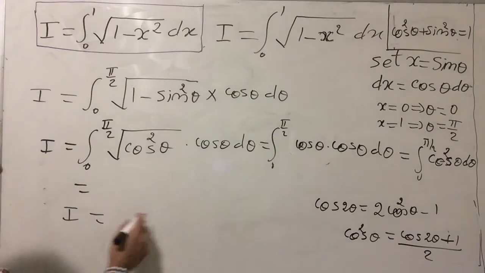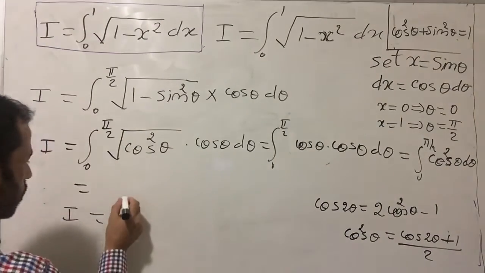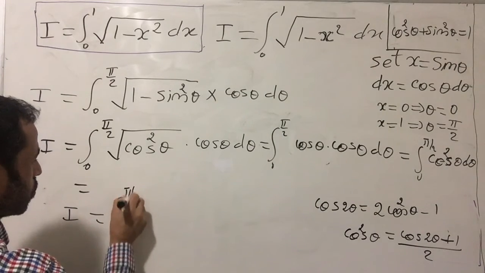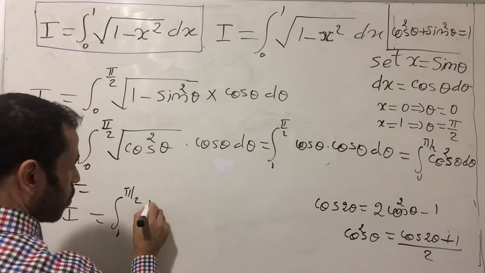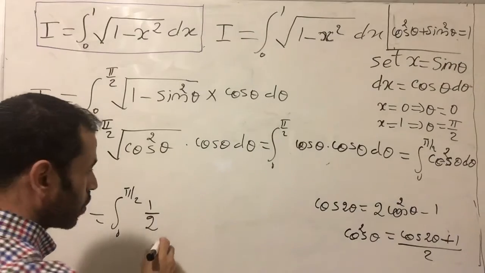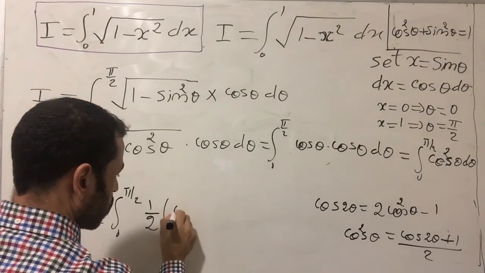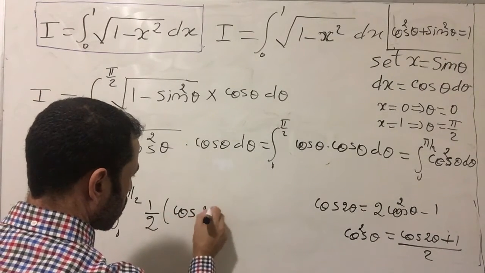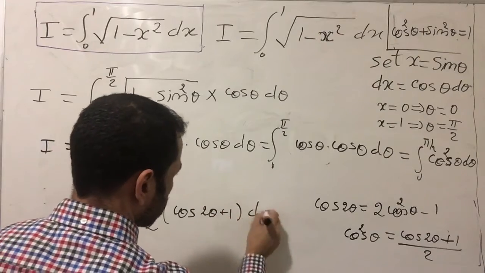So now my integral becomes the integral from 0 to pi over 2 of 1 over 2 times (cosine 2 theta plus 1) d theta.